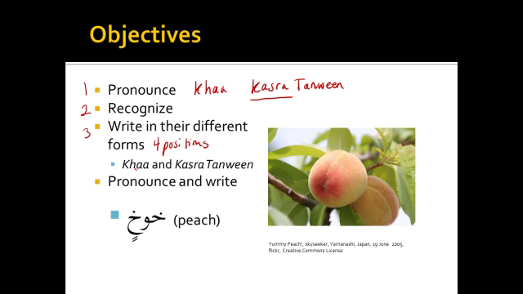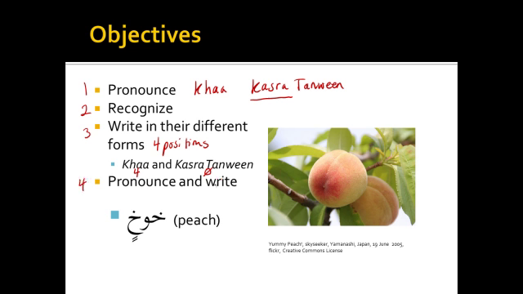And the Khaa has all 4 of the 4 positions. The Kasra Tanween, however, doesn't have a position. Rather, it is written below a letter. So that's a little bit different. We're going to discuss this some more as we move forward.